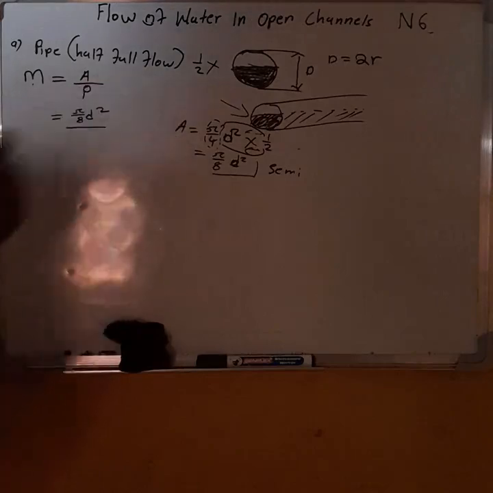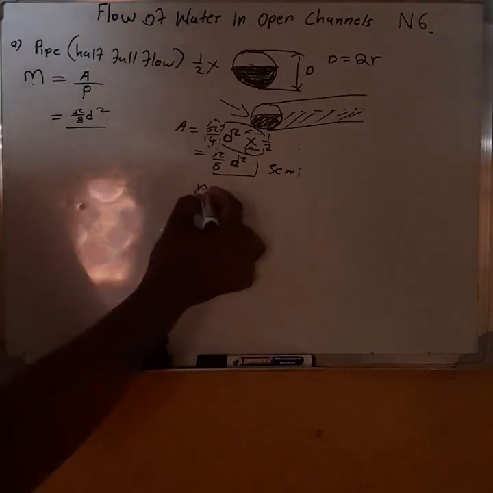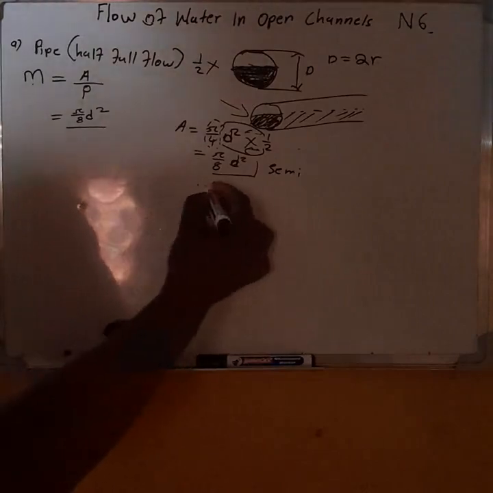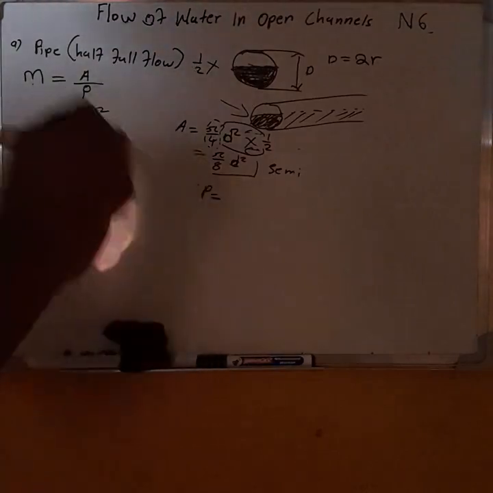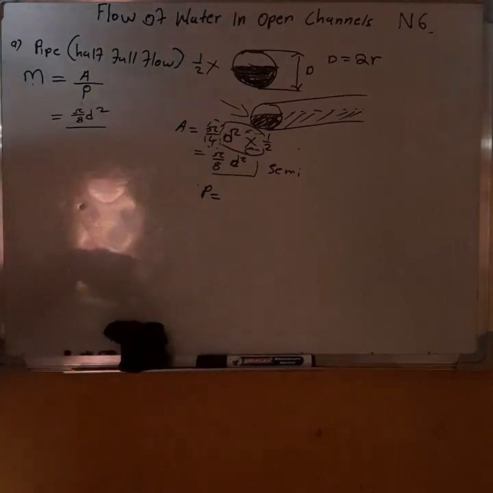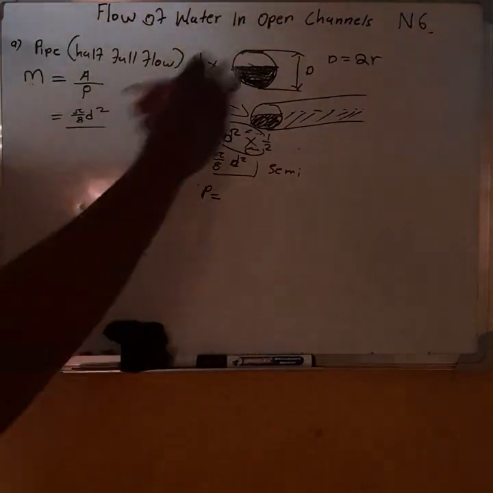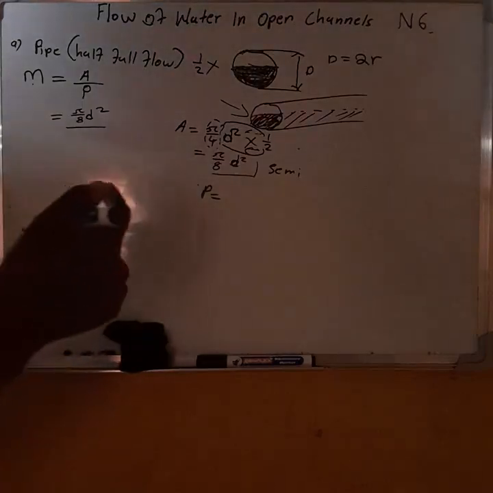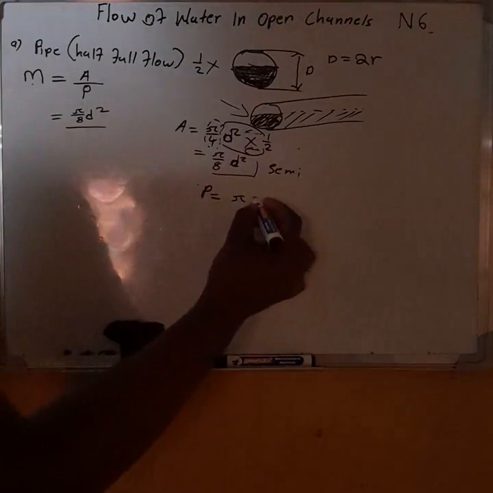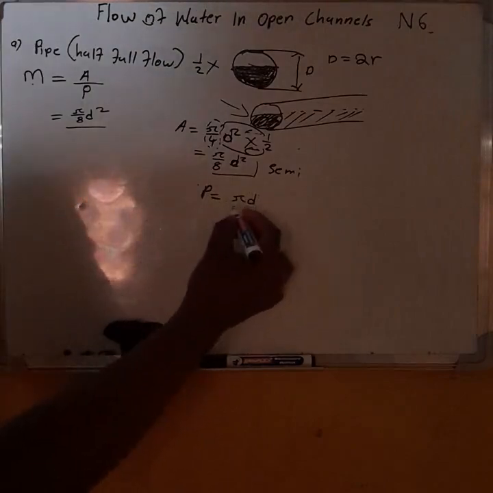This is the area of the half circle. Now, what about the perimeter of the circle? This is mathematics. You must know this formula. Remember the perimeter of the circle. It's pi d. This is the perimeter.